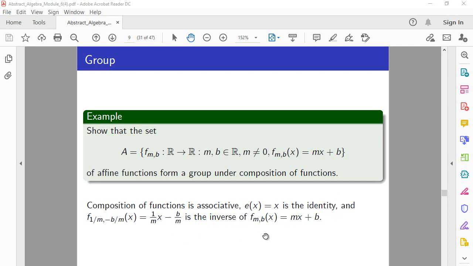And what would be the inverse of the function f_{m,b}(x)? The inverse would be the function f_{1/m, -b/m}(x), which is (1/m)x minus b/m. And again, you can go ahead and check that this is indeed the inverse of this function.